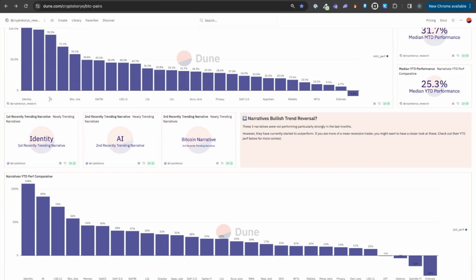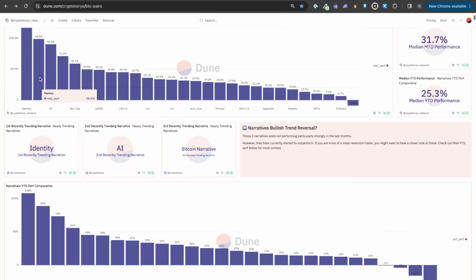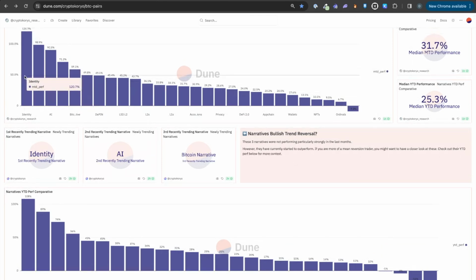This happened with NFTs in November, and it's a pattern that I mentioned. NFTs were the worst performing narrative of the year in 2023, so they were here, but in November at some point they were the first. That's where Pudgy Penguins started to trend really strongly, and for me that was an indication of, okay, now NFTs are waking up, and it was a clear sign.